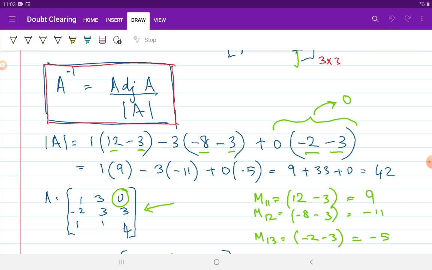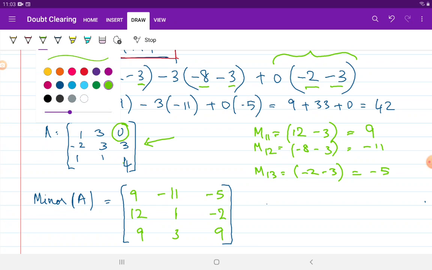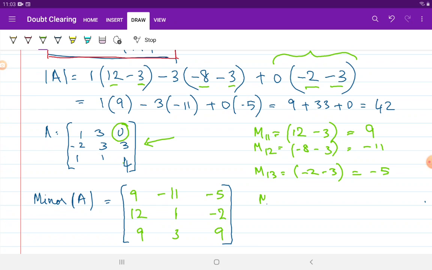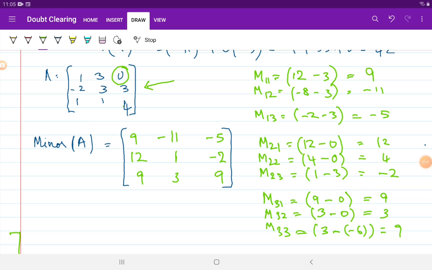Similarly, you can find the values of all other minors: M21, M22, M23, and the final row M31, M32 and M33. And that is how I get the minor matrix of A.